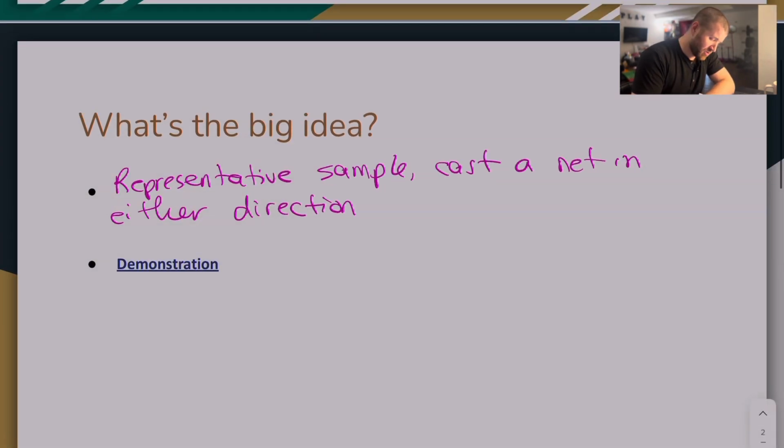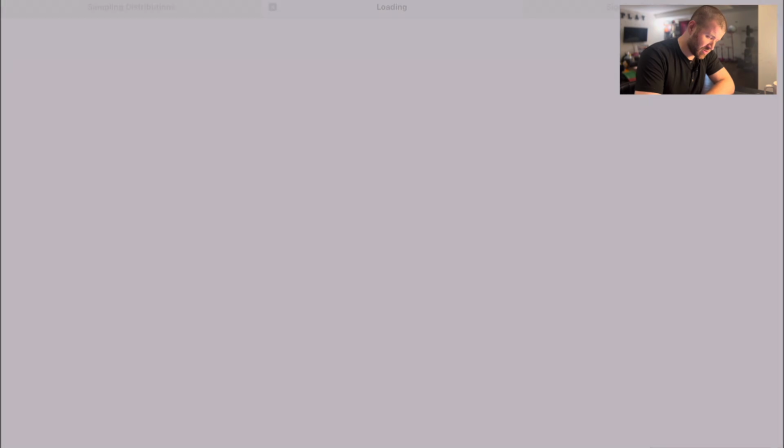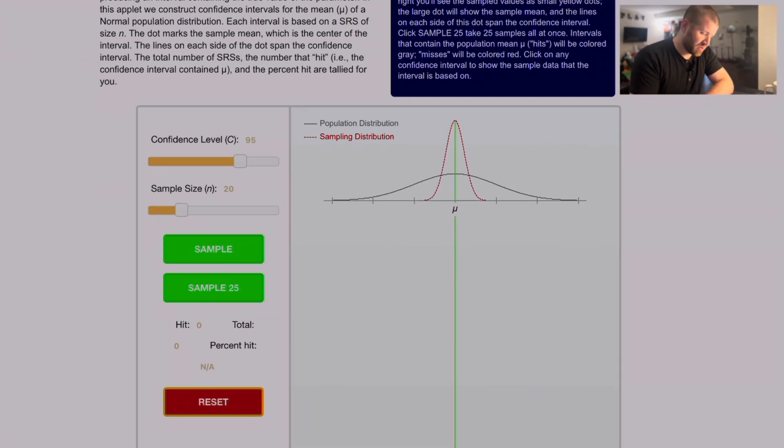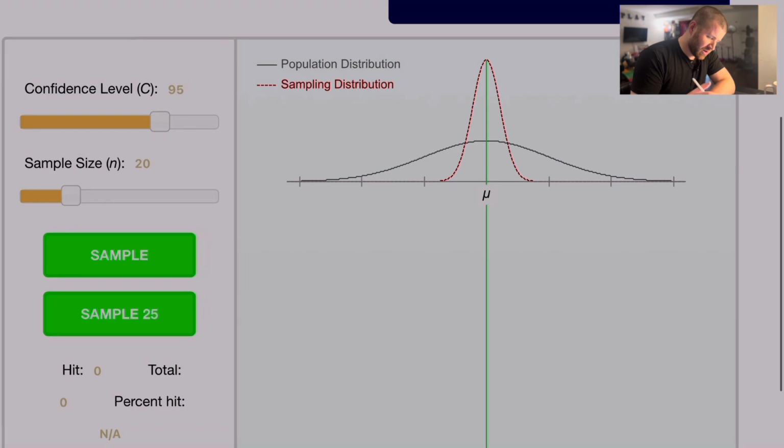Now, I tried to show this demonstration before, and this time it's actually going to work. The gray dotted line is our population. The red dotted line is our sampling distribution. If I take one sample, all those yellow dots represent the sample data points.